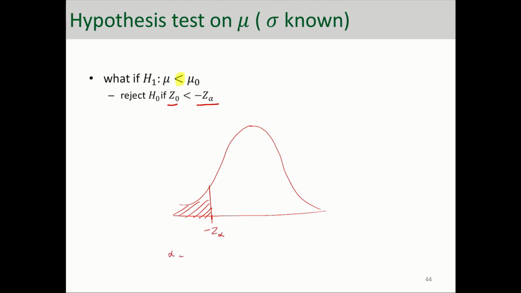Again, if alpha is 0.05, negative z of 0.05 is negative 1.64. If your test statistic ends up being less than negative 1.64, you would reject the null hypothesis. So this is a generic description of a one-sided hypothesis test. We're going to look at some examples.